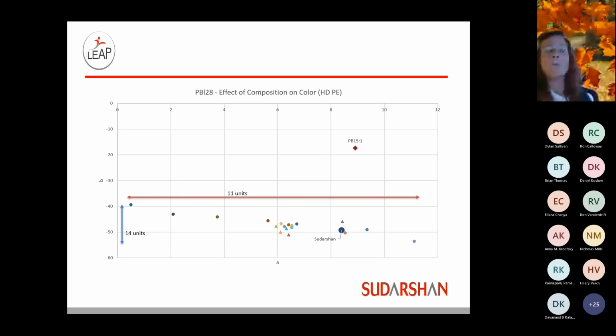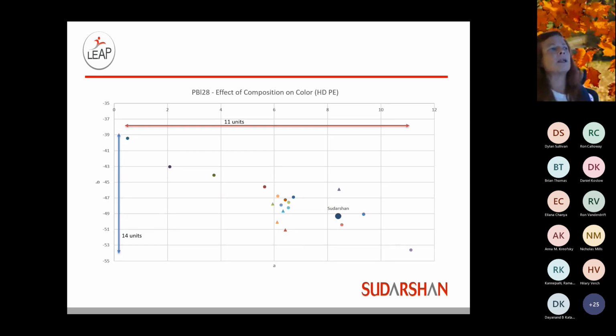So you can get a better feel for how these two color index products fall with respect to each other. So the next slide, I'm going to remove the pigment blue 15-1 so we can get a better feel for the impact of formulation and process on the color of pigment blue 28.